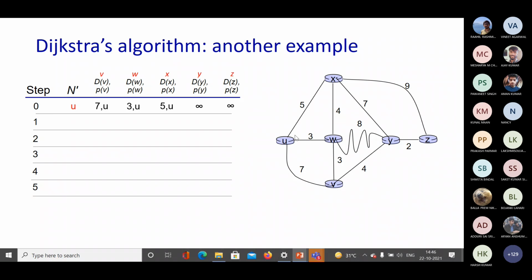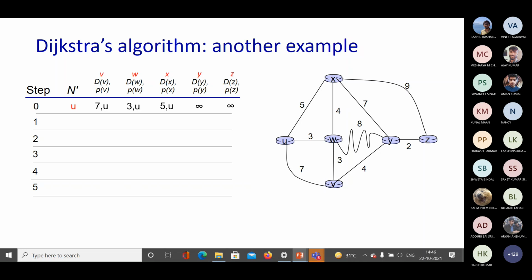Now, what should be the cost in that case? For V, tell me what should be the cost now? 6W. Then for W, it is anyways taken.